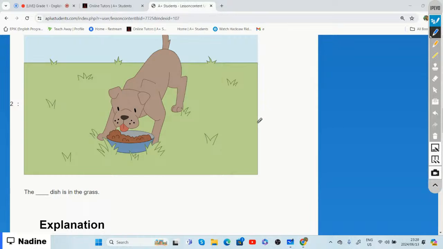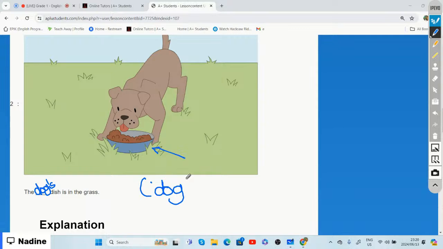Yes. So we can then say that the dog's dish is in the ground. So we can then say the dog's dish is in the ground. The dog's dish. Whose dish is that? Right? We can say it is the dog's.